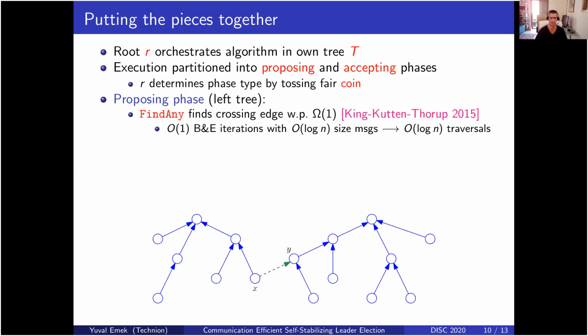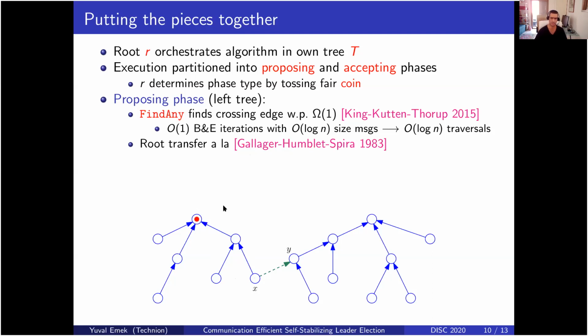So suppose that this proposing tree here ran this find any procedure and found this crossing edge from node X to node Y. So the next thing we do is to transfer the role of the root from the original root down to node X. And this is done in a manner very similar to the seminal algorithm of Gallager, Humblet, and Spira.